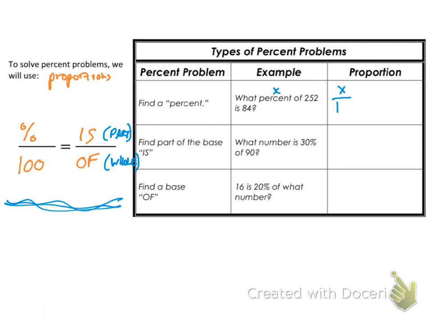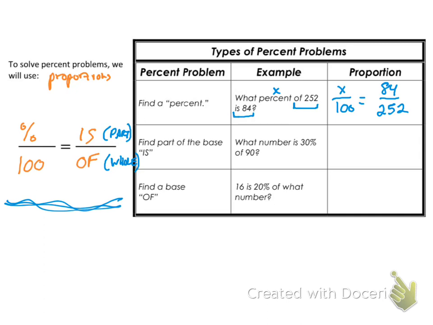So x over 100 equals is over of. The is is 84, so 84 is going to be the numerator. And 252 is going to be the denominator. There's your proportion that you can set up. And then you can just cross multiply and solve for x like we did in the previous video.